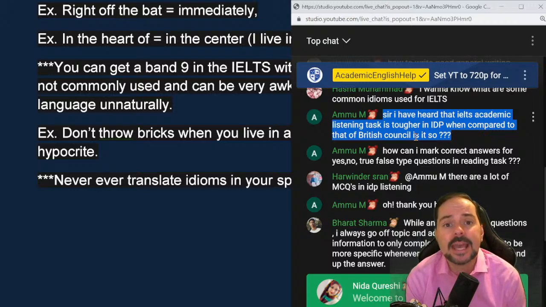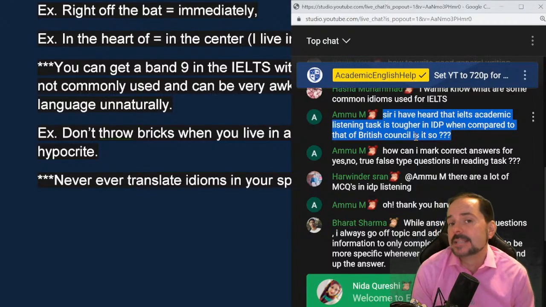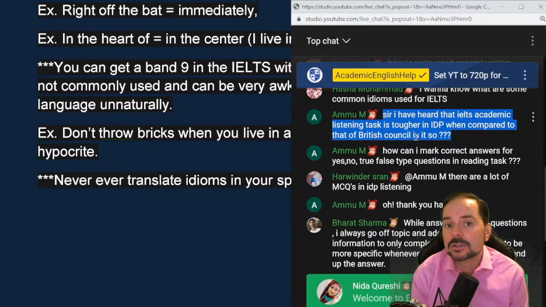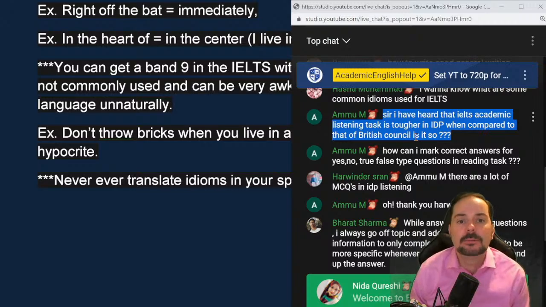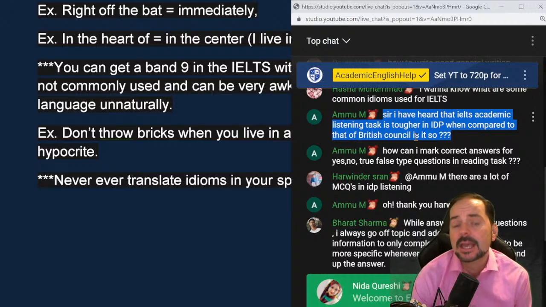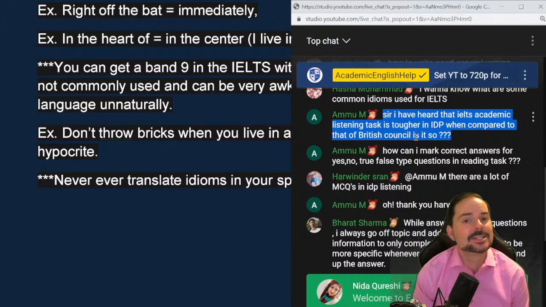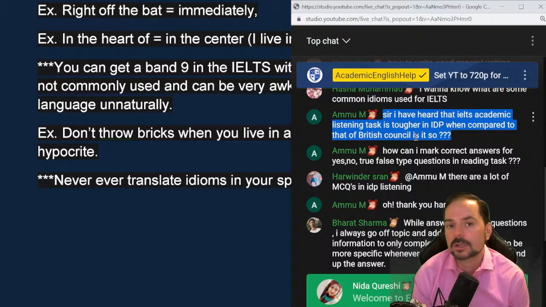They don't create the exams. The exams are created by one place only, the ESOL Examination Board, and they give the same materials to IDP and to British Council. So there is no difference at all between the materials.